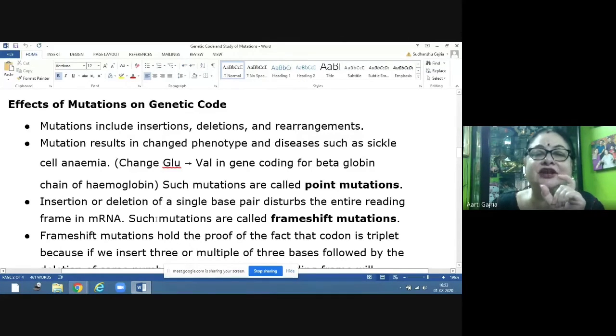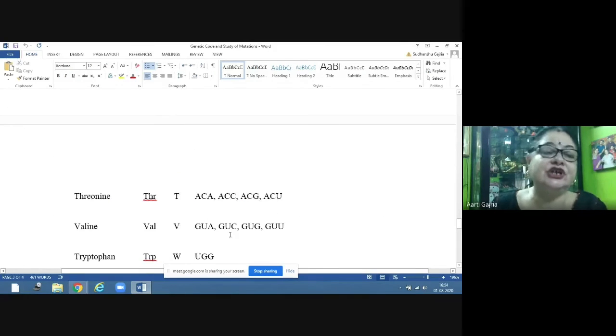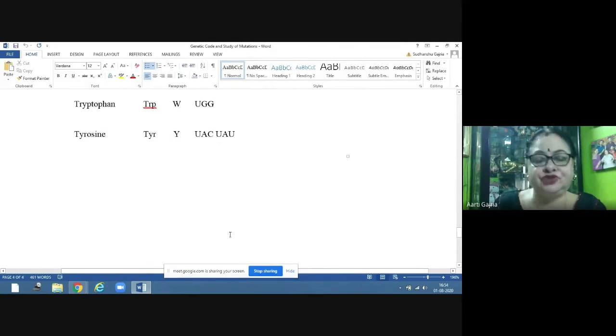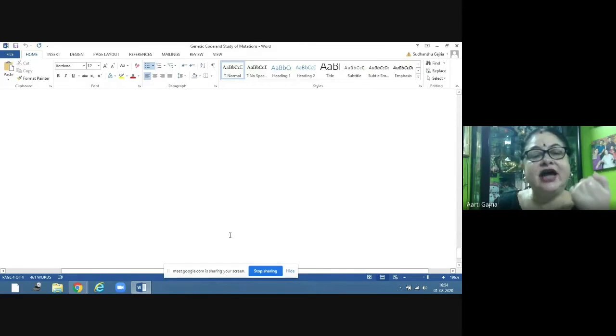So there was only one change in the genetic code, and because of that one change, what happened? Instead of forming glutamic acid, the amino acid which was formed was valine. A change in the triplet in the genetic code changes the amino acid which is formed.